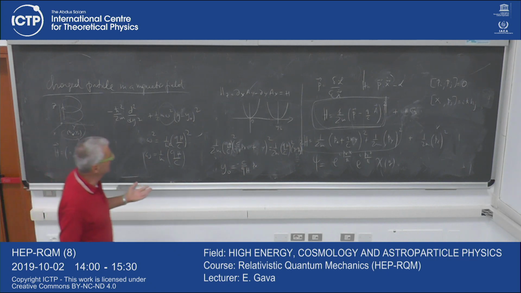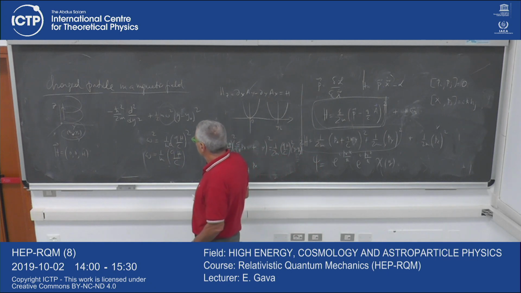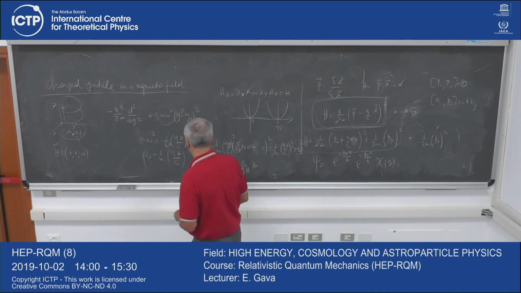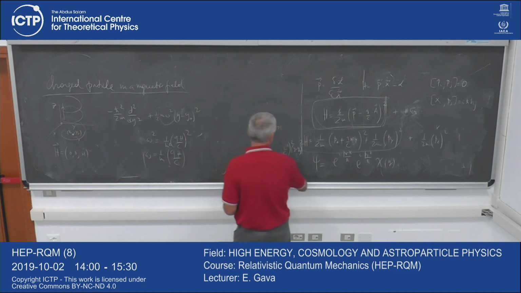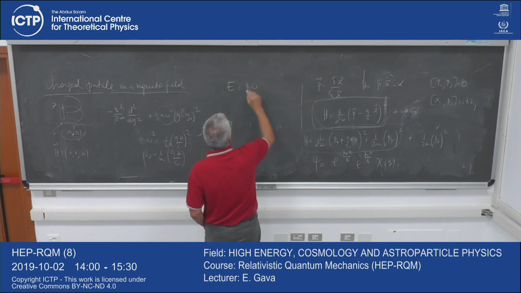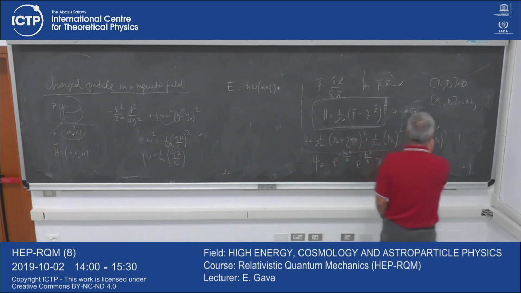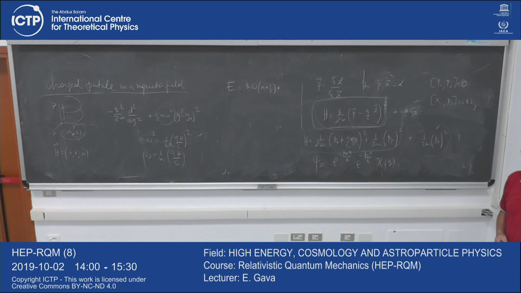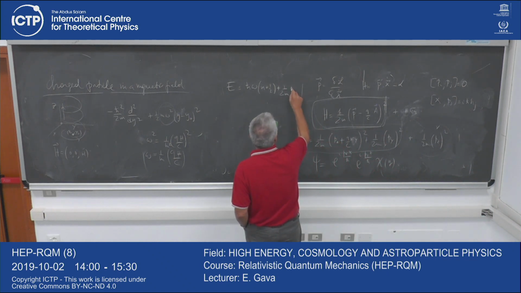Well, the energy levels of the harmonic oscillator are given by h bar omega, this omega, (n plus half), plus, remember this part here, which contributes to the total energy but is a continuum, 1 over 2m pz square.